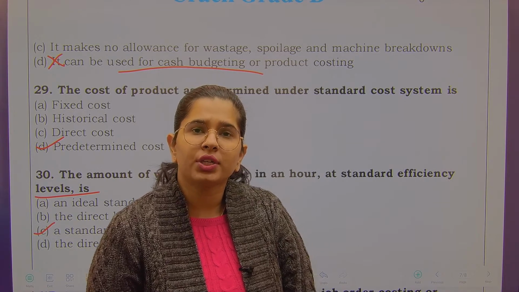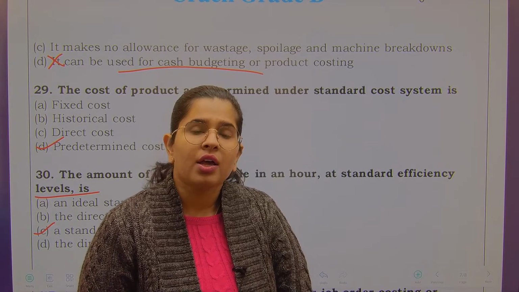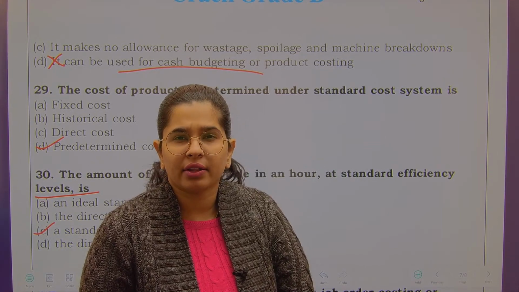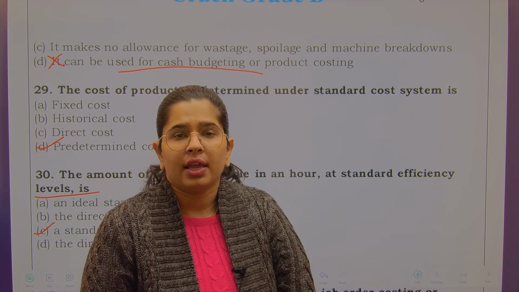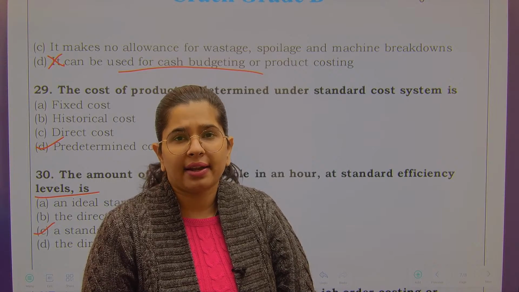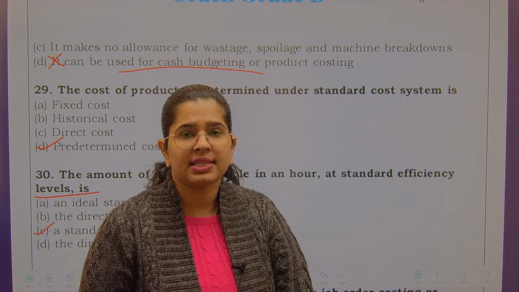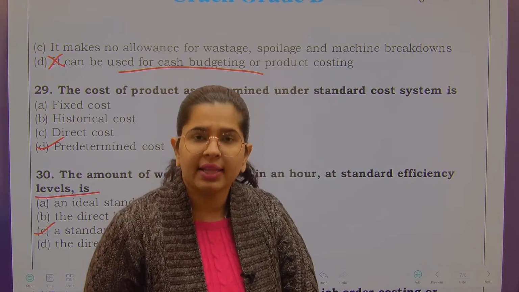The other thing you need to learn is how we calculate it, right? Some questions asked what the standard inputs required or the standard cost are. You should know that we always base these calculations on the actual output.